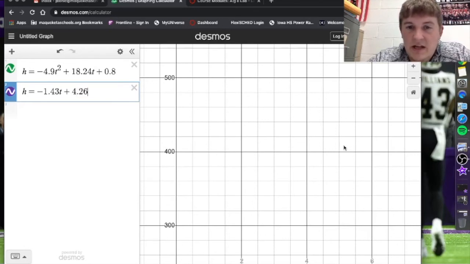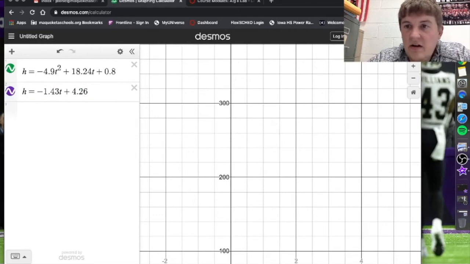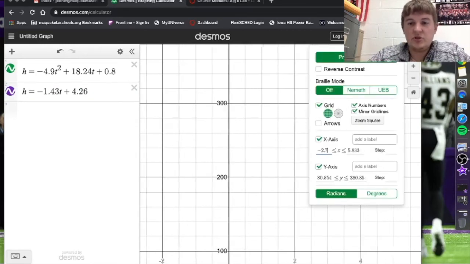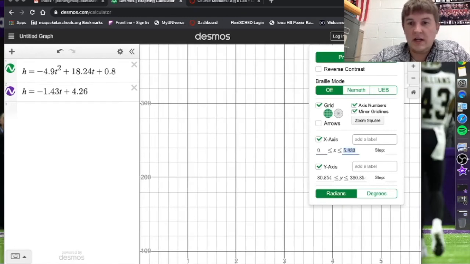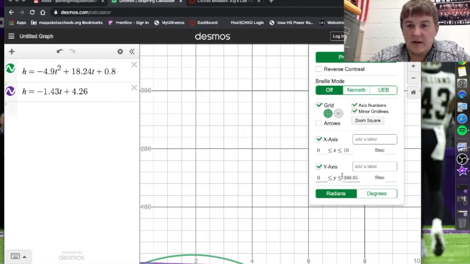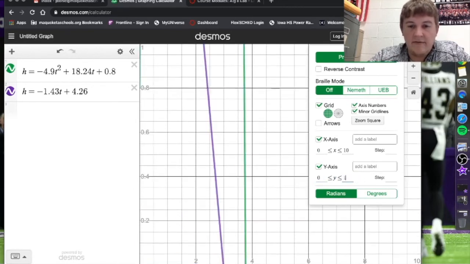Okay, let's get our graph back down to its original. These numbers are so much smaller, so let's just go from 0 to 10, and then from 0 to 10 again. Okay, we can already start to see the graph.